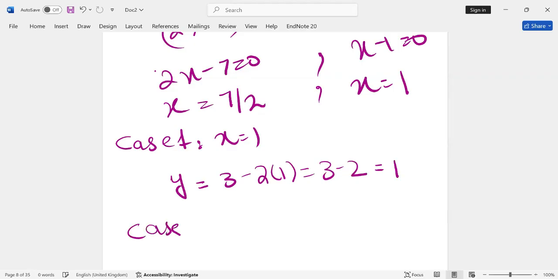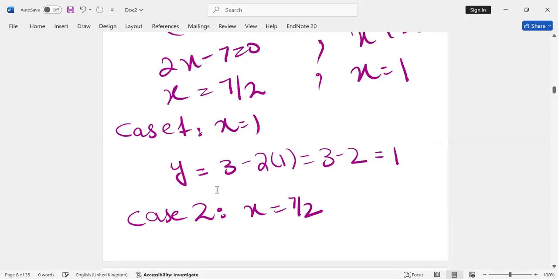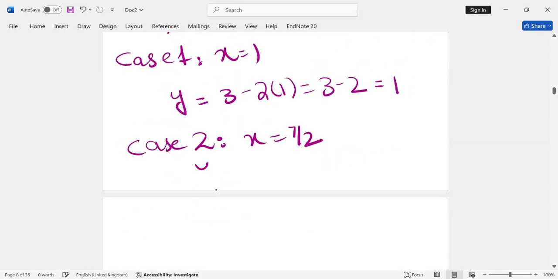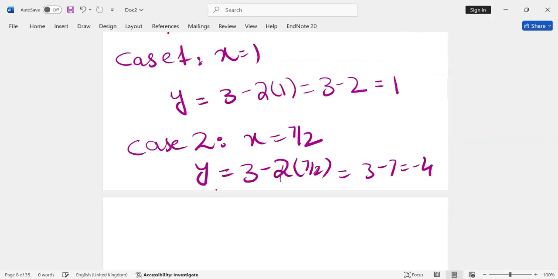Case 2, x equals 7 by 2. Now y equals 3 minus 2 into 7 by 2, so 3 minus 7, and we get minus 4. So we have two values of y, which are 1 and minus 4.